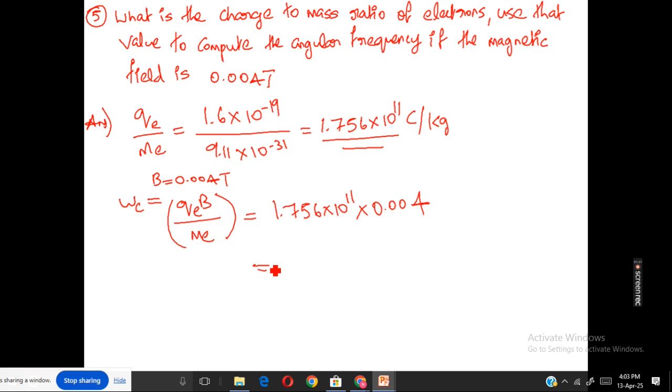So the answer will be 7.025 into 10 raised to 8 radian per second. Next question.